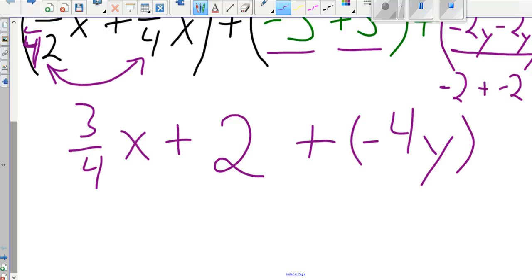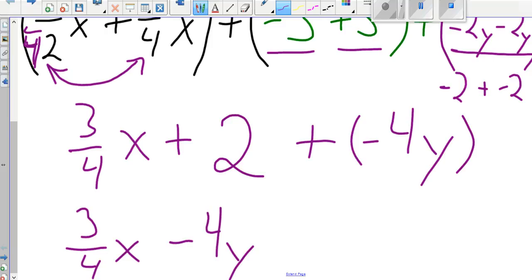And then we also follow the rule of the alphabet, so because x comes first in the alphabet, we're going to put that first. Next we make sure we have all our variables, so y comes next, and then 2, just like that. That gives us an answer to our expression. So we just took what we had, combined the things that were alike, and rewrote the expression in alphabetical order, because variables do that.